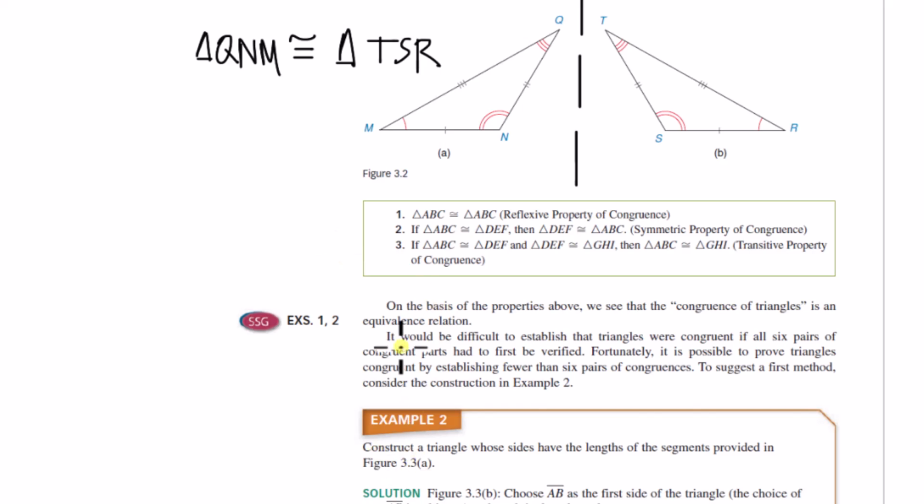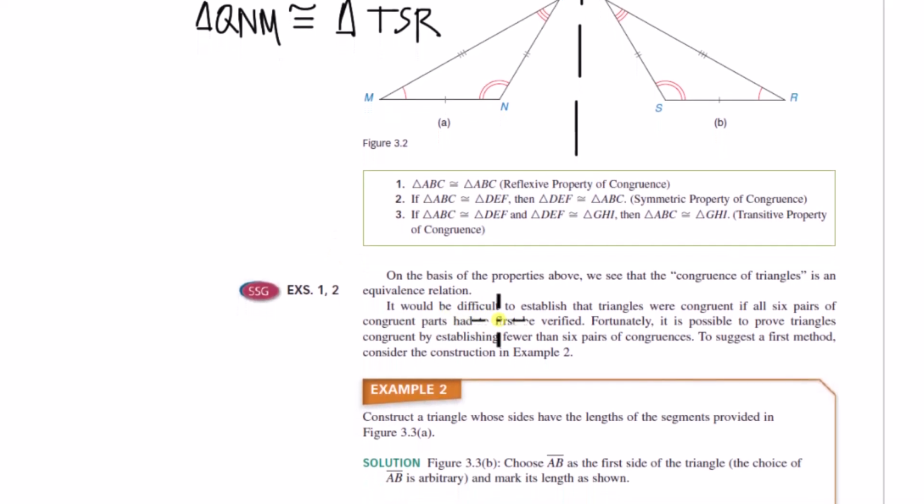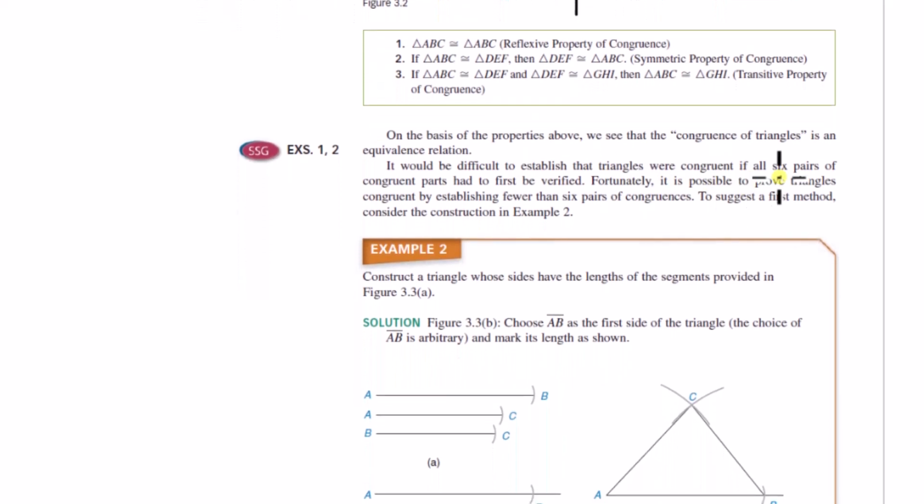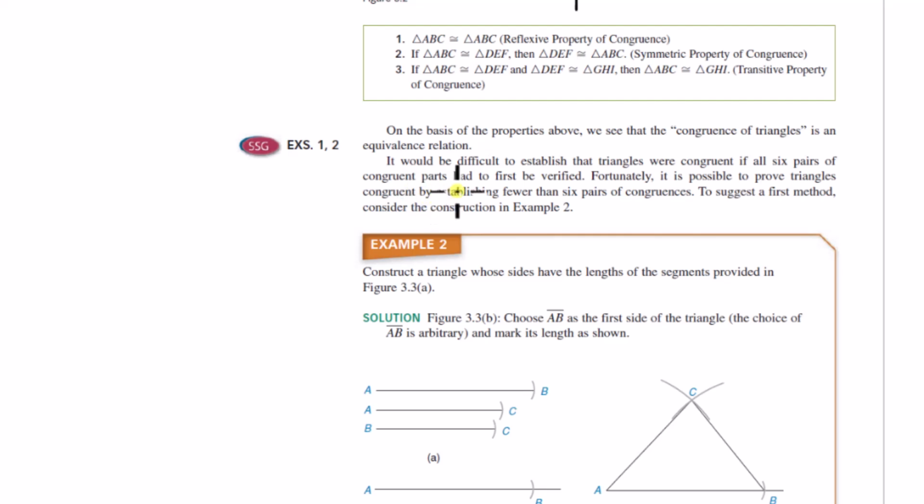All right. So it says, it would be difficult to establish that triangles were congruent if all 6 pairs of congruent parts had to be first verified. Yeah, definitely. Hopefully, to officially prove that 2 triangles are congruent, we don't have to match up every single corresponding feature.